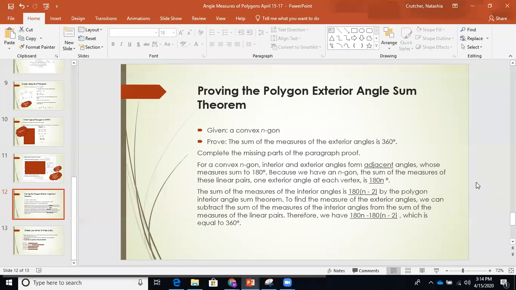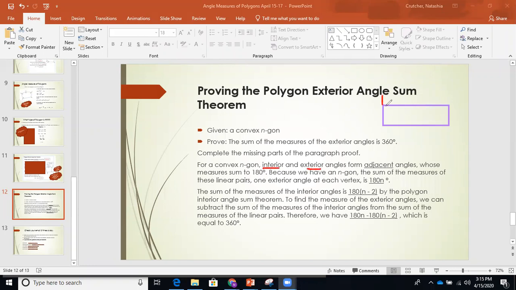For a convex n-gon, interior and exterior angles form adjacent angles, basically meaning that the angles are right next to each other. So I'm just going to draw an example of that. Interior and exterior angles form adjacent angles.